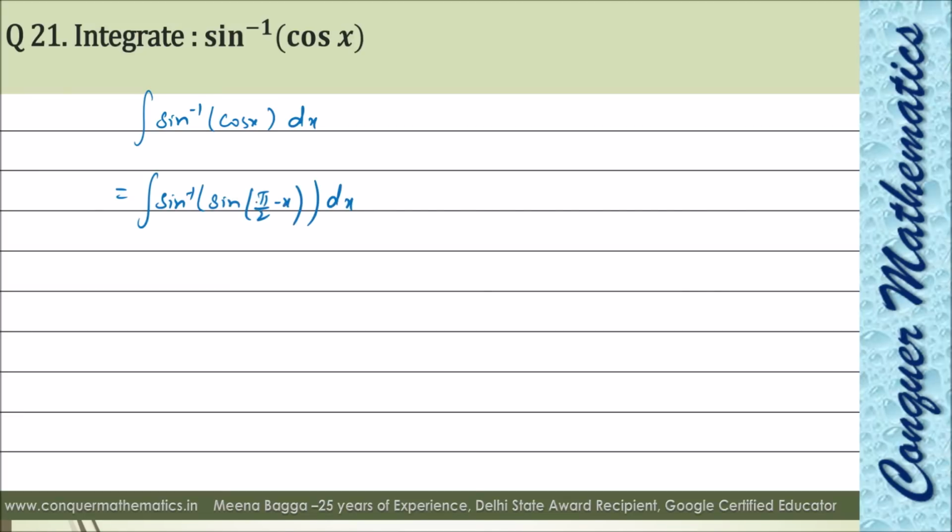We can write it as pi by 2 minus x. And the integral of pi by 2 minus x will be the integral of pi by 2, that is a constant, pi by 2 x minus x square by 2. Integral of x is x square by 2, plus the constant of integration. Simple to get?